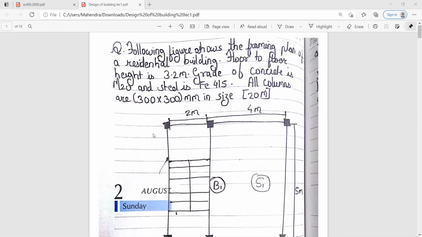Floor to floor height is given to you, the grade of concrete and steel are given to you, and the column size is given to you, that is 300 by 300. After completing the question, let me know so that I can scroll it down to draw the diagram.